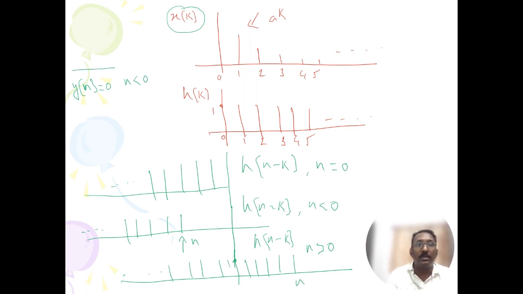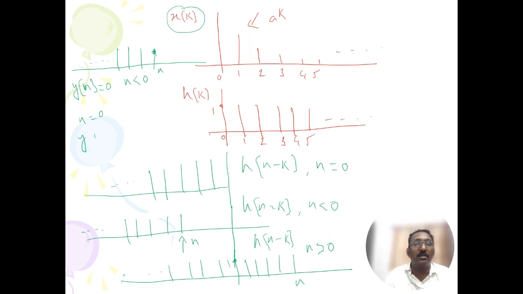The n value is here, so the output is 0. The overlap portion starts from n equal to 0 onwards.